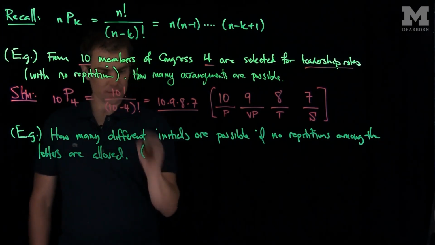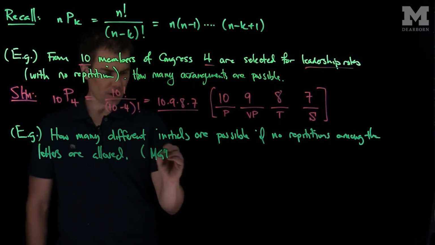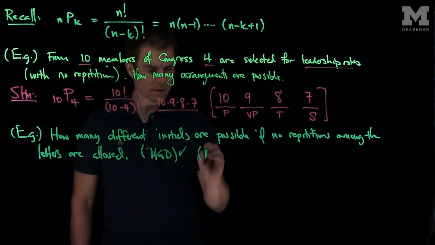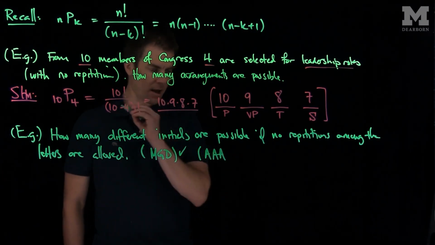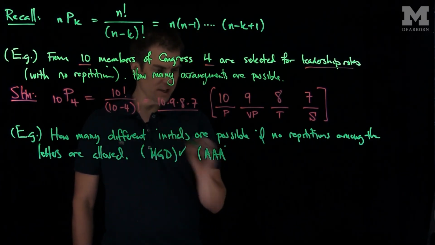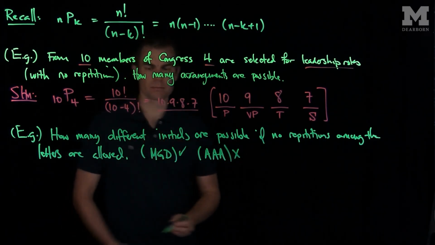So an example of this, for example, MGD, my initials, would work, is a valid choice, but A, Alexei Andrei Alexandrov would not be permissible.